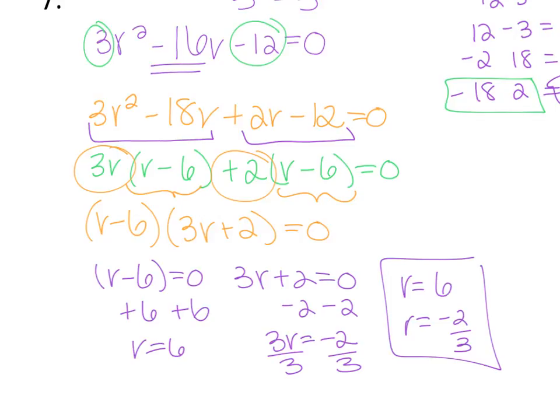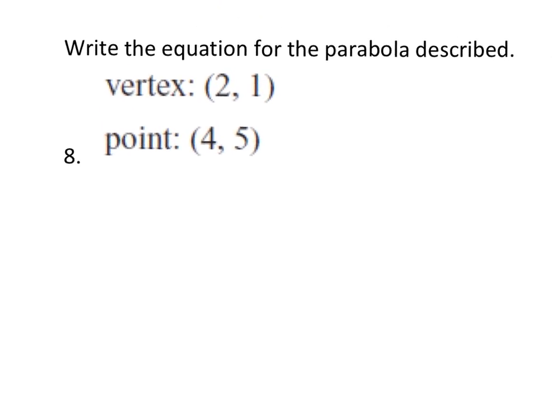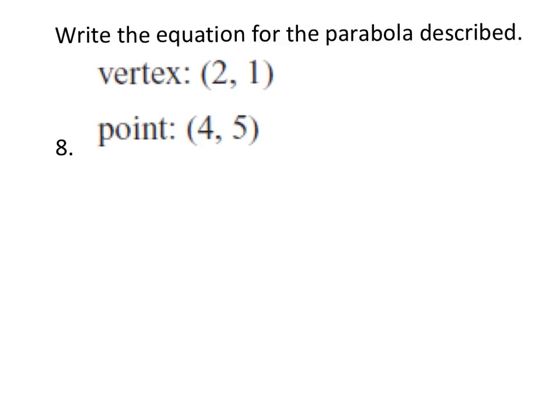All right, so moving on to problem number 8. Problem number 8 we recently have done. It's in the modeling 4.9 where it says write the equation for the parabola described, and where I have a vertex and a point. So again, I'm going to be using y equals a times x minus h squared plus k. And this is going to be my h and my k, and this is going to be my x and my y.